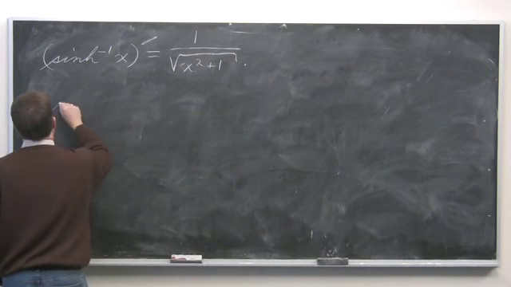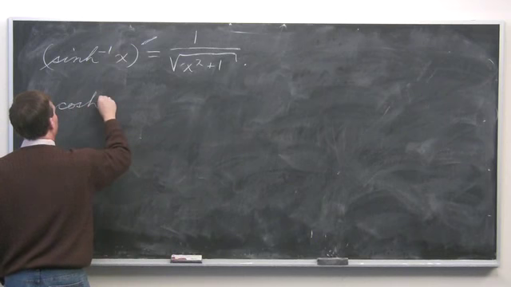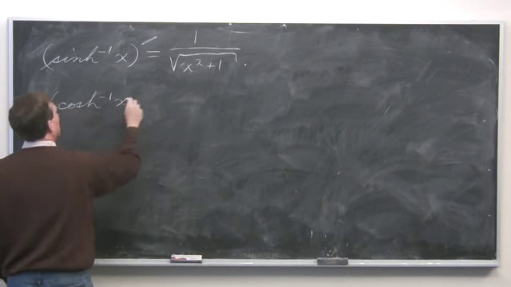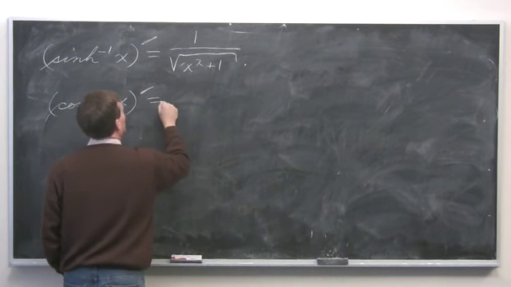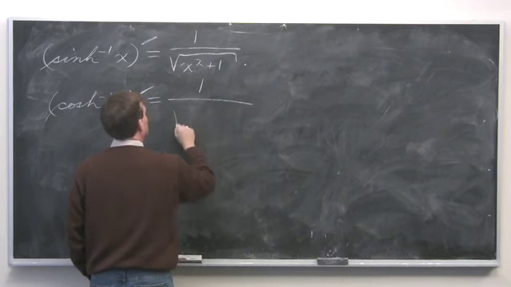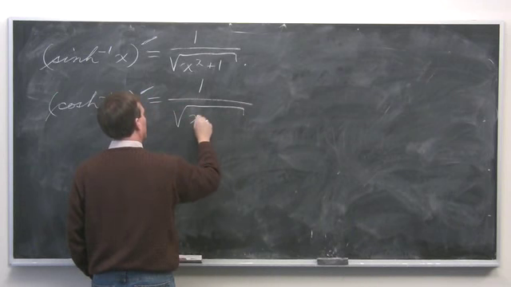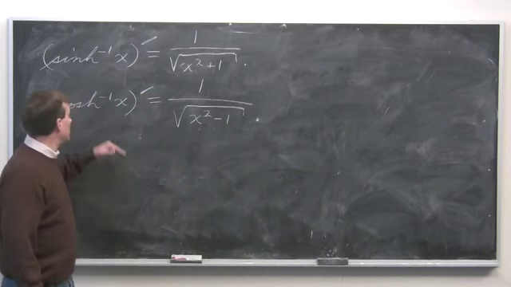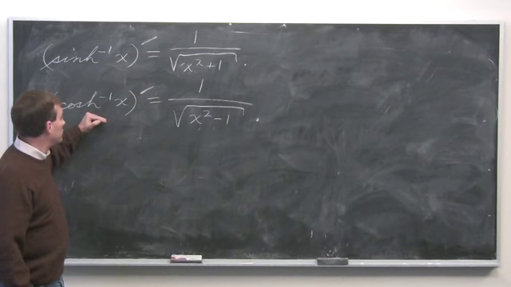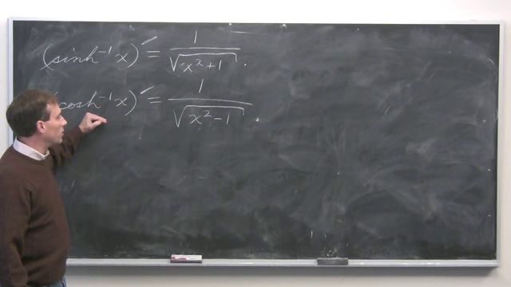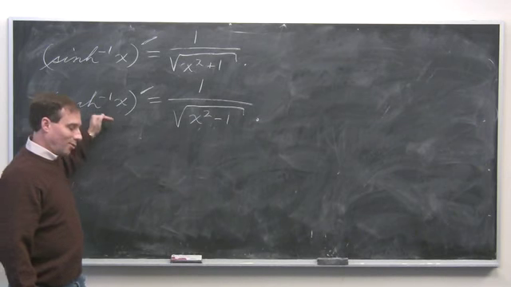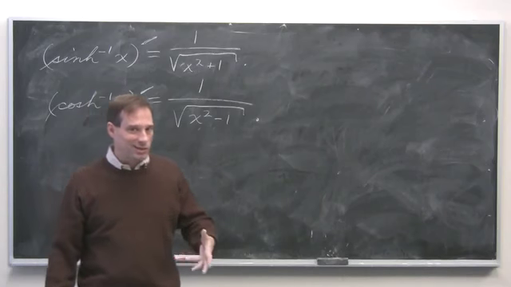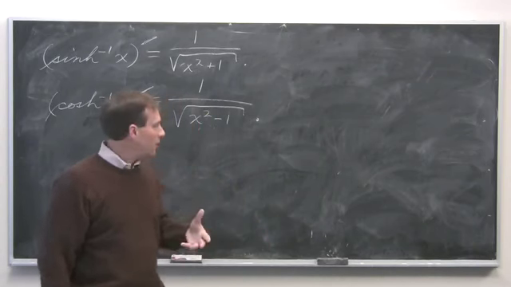So that for hyperbolic cosine, I can write something that looks very analogous. Again, I leave this to you as an exercise, doing essentially the same thing, but having to be a little careful about domains and codomains. You get the derivative of inverse hyperbolic cosine of x is 1 over the square root of x squared minus 1.